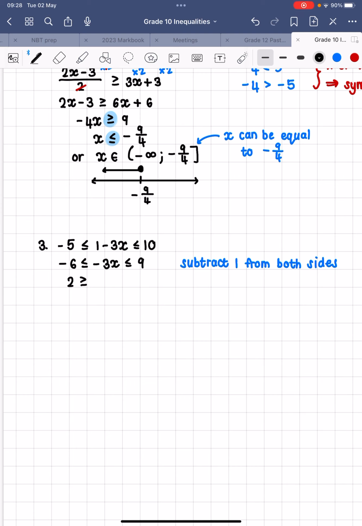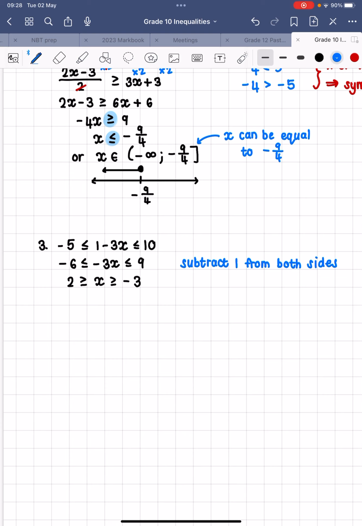I'm just going to be left with an x. Remember, I must do the same thing on the other side. I have to say 9 divided by -3. So again, I'm dividing by a negative number. This symbol must change. So that is also going to become a greater than or equal to symbol. And what's 9 divided by -3? -3.